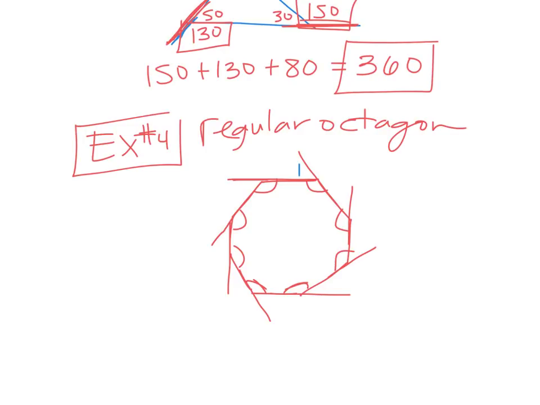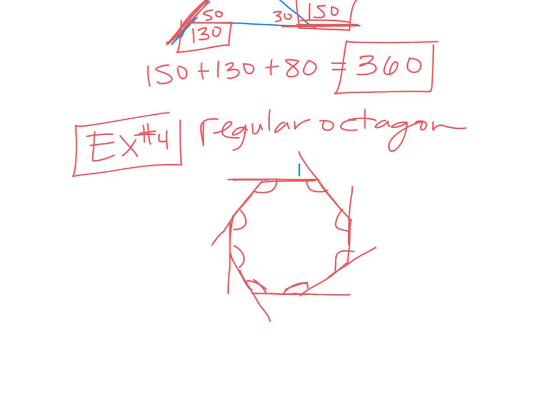Okay, my question is, what would the measure of angle 1 be? Now there's 2 ways you can go about this, right? You can find the interior angles and then subtract from 180 and find your exterior. Or we know all the exterior angles have to add up to what? 180. Not 180. 360, right?